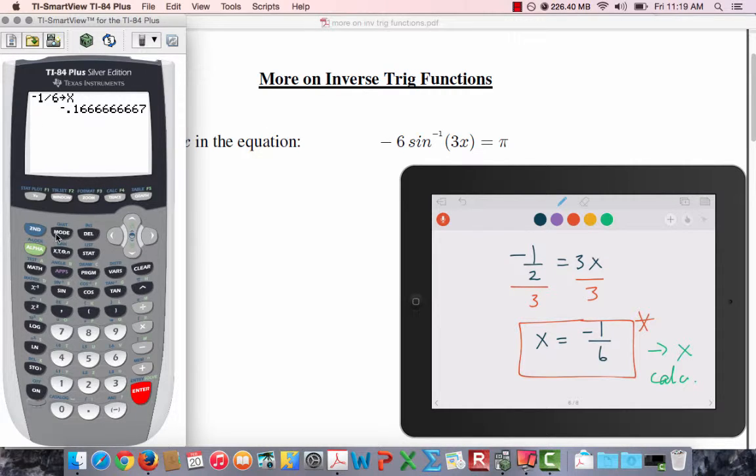We'll go into mode and change this from degrees into radians, and then I'll be able to look at -6 times the left-hand side of this equation, inverse sine of 3x, where x is taking on the value I have stored into it. Hopefully this turns out to be the decimal value of pi, which is what we were expecting. So our answer, x equal to -1/6, actually does work.